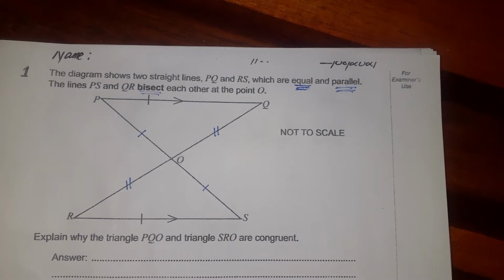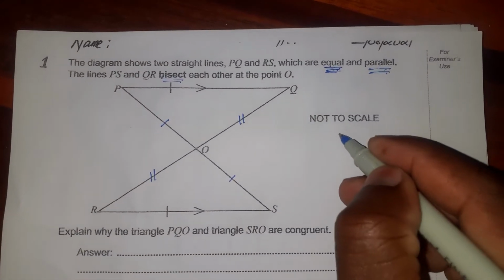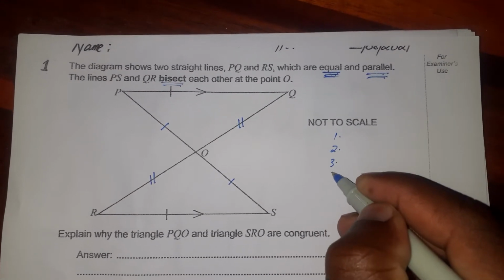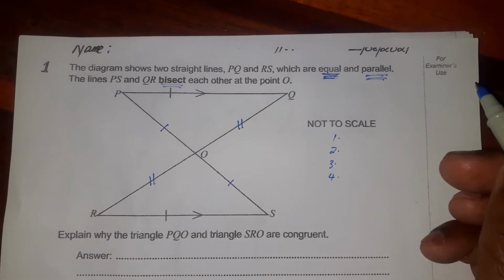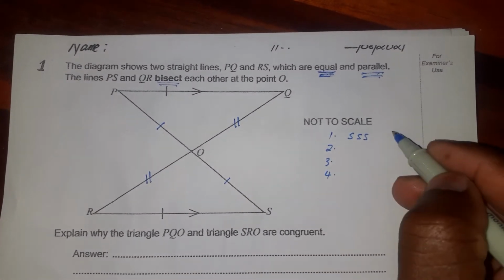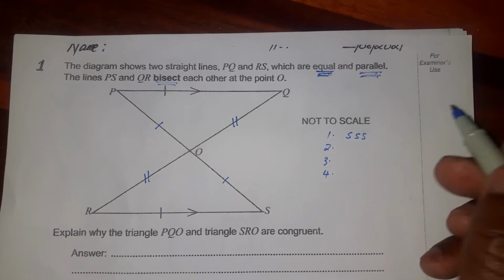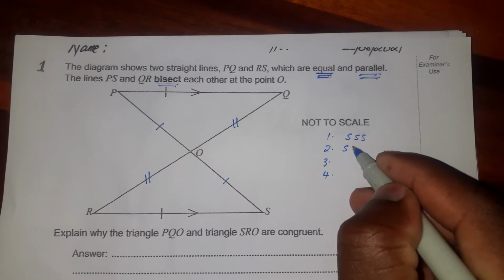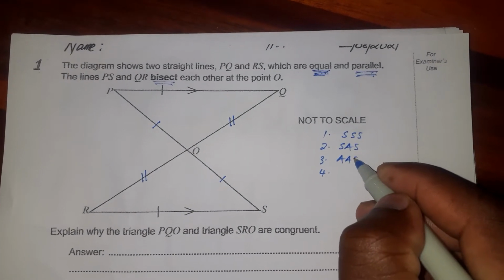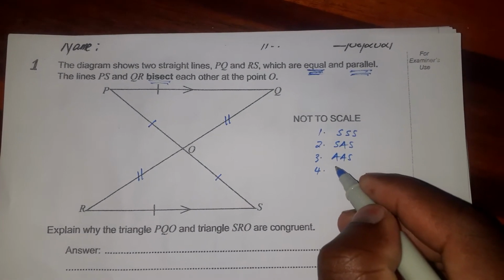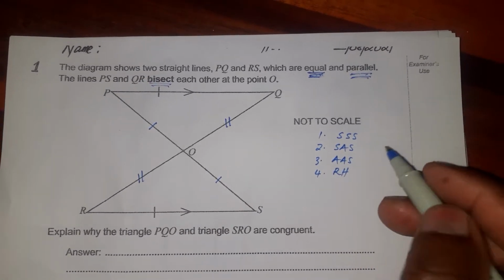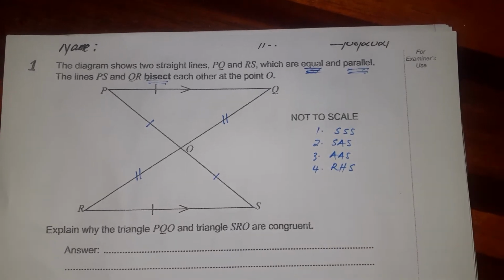Now, to prove congruence, there are 4 criteria that we need to remember. The first one has to do with side, side, side. The second one, side, angle, side, and then angle, side, angle, and then right angle, hypotenuse, side.